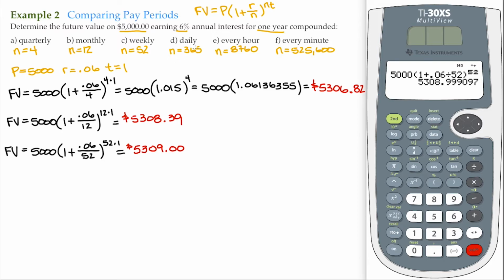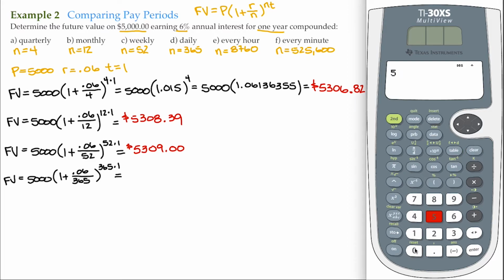So let's try 365 days. That'll be 1 plus 0.06. Of course, we divide by 365 pay periods, and 365 times 1 power. We'll do 5,000 times 1 plus 0.06 divided by 365.